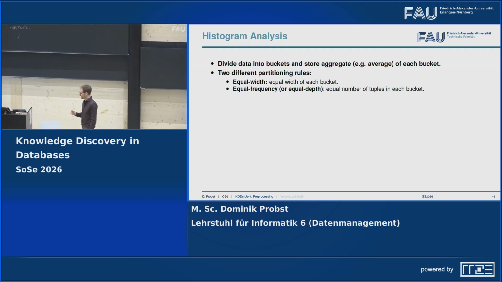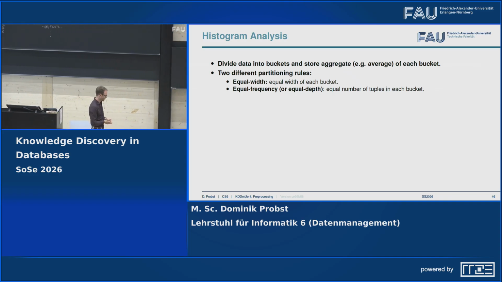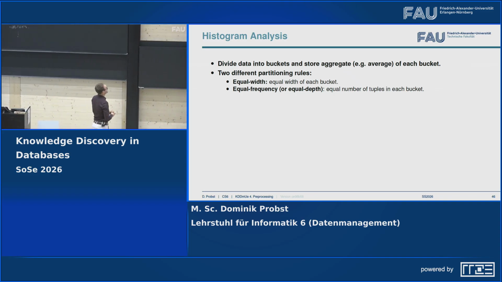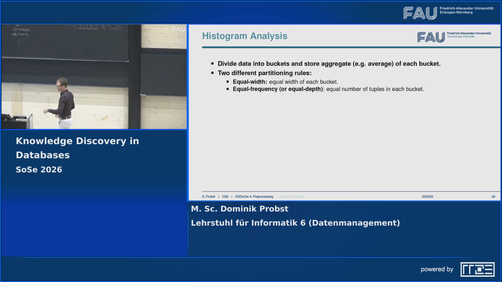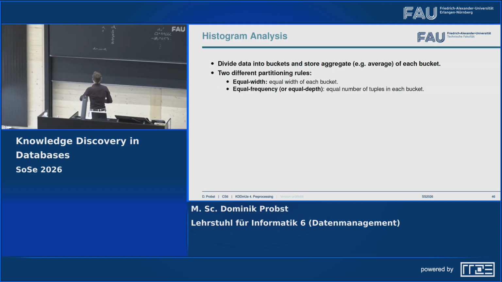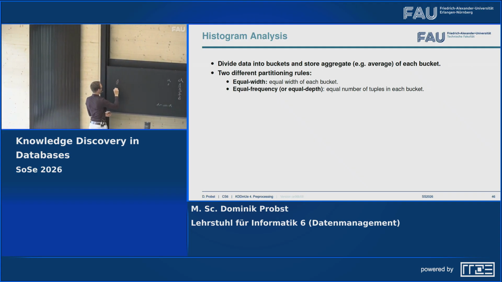But we can also have equal frequency or equal depth partitioning, where we try to find bucket sizes which put the same number of values in each bucket. So let's say we have these values: 1, 2, 4, 9.